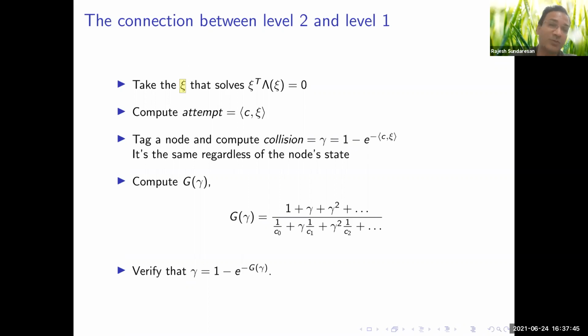So all the macroscopic observables are coming from this particular microscopic distribution of states. You can see here the similarity to an ideal gas, with xi being similar to the Maxwell-Boltzmann distribution. And this equation, gamma equal to 1 minus e to the minus g of gamma, is like PV equal to nRT at the level of macroscopic variables.